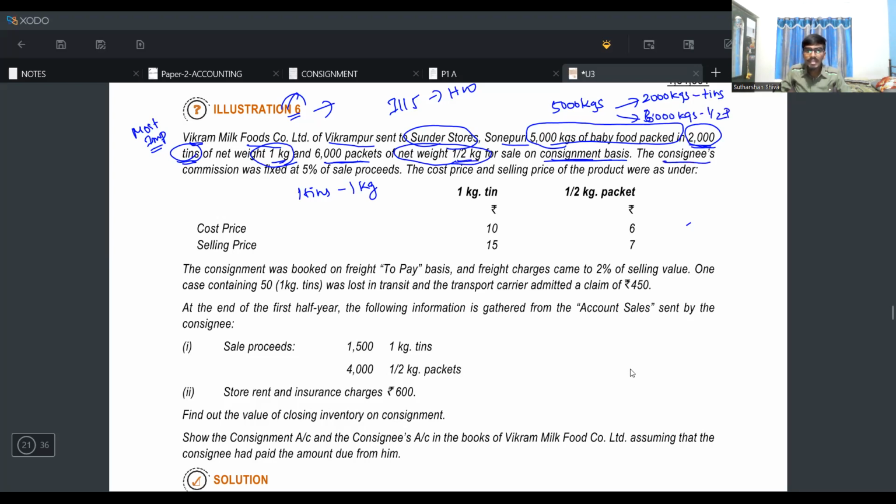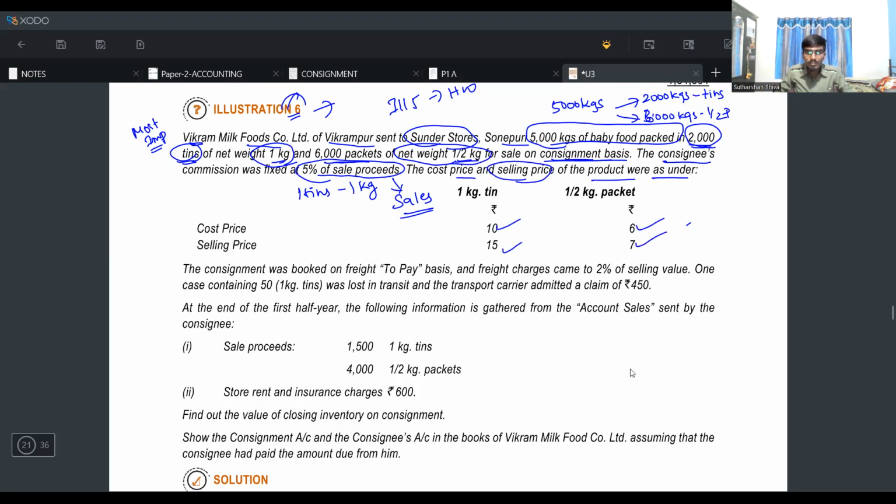Then the consignee is commissioned at 5% of sale proceeds, 5% on sales. Then cost and selling price of the product were given. Cost price per 1 kg tin is 10 and selling price is 15. Half kg packet cost price is 6 and selling price is 7.